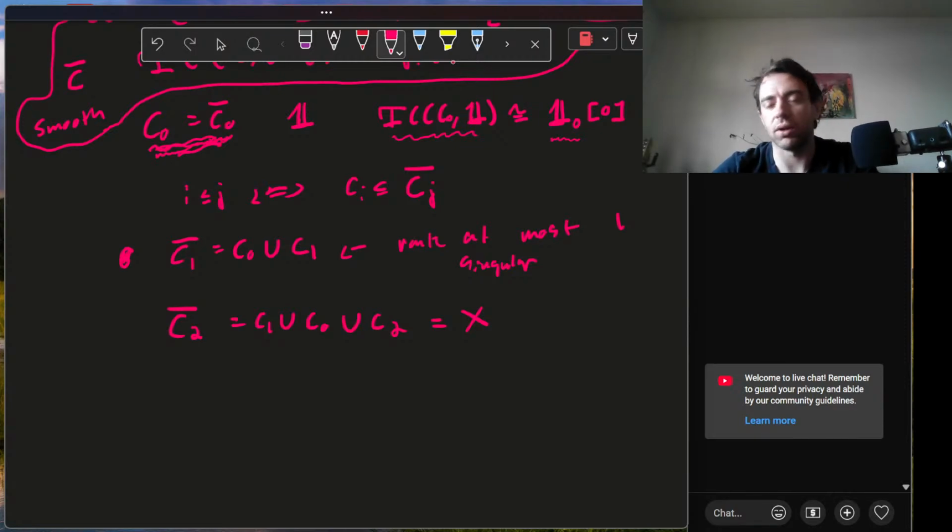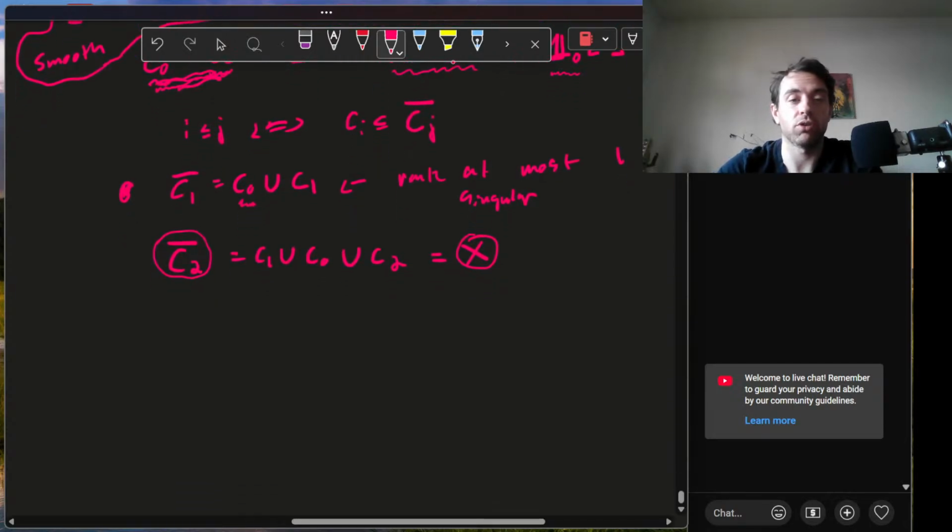It has a singularity picked up from the other orbit. But then the closure of C2 is just the entire space, and so that's smooth. And so we can go ahead and apply our theorem.